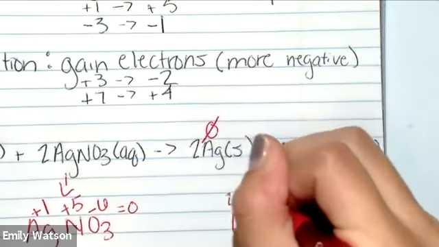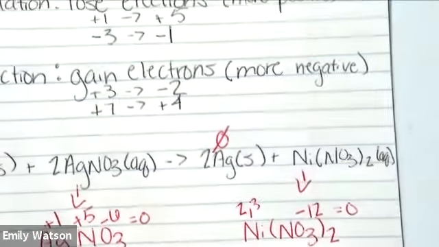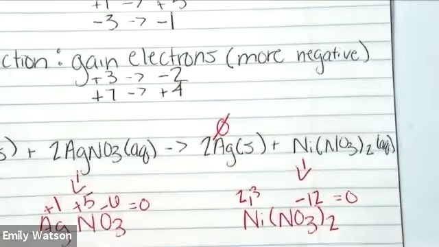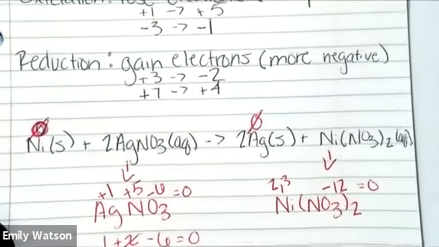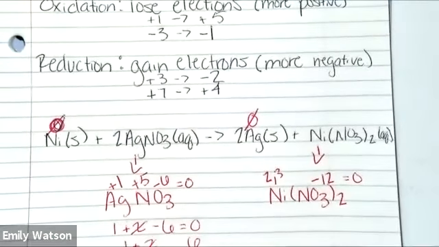So it can be 2 or 3. We don't really know. But my question, looking at this entire equation, looking at all the oxidation numbers we've calculated so far, do we really have to know exactly which one it is? No. Why not? It's going from 0 to either a +2 or +3.